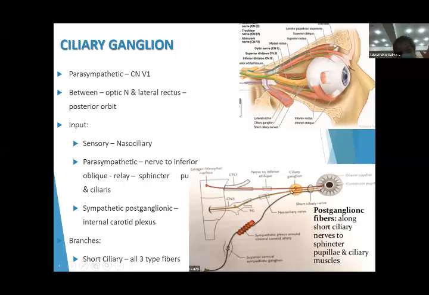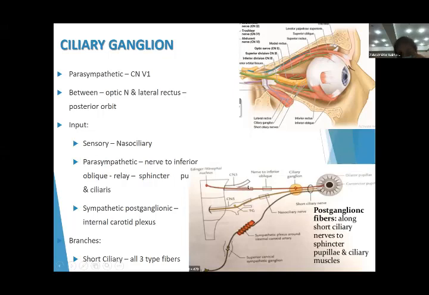Remember, it's a parasympathetic ganglion. So only parasympathetic fibers will relay in it. All the other fibers, the sensory and the sympathetic, pass through the ganglion but do not relay. The parasympathetic fibers are carried with the oculomotor nerve, in its inferior division.